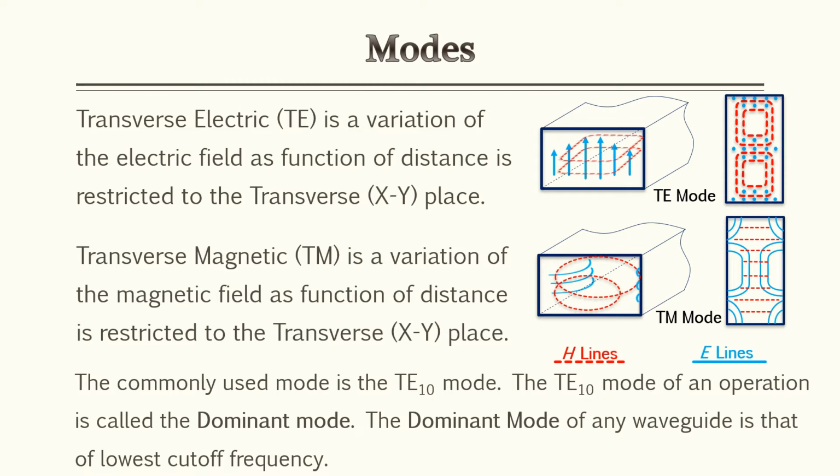The first subscript defines the number of half-wave variations of the transverse field in the A dimension, that's usually the width. The second subscript defines the number of half-wave variations of the transverse field in the B dimension, usually your height. Now the most common mode you'll see is TE10 mode. The TE10 mode operation is known as the dominant mode. The dominant mode of any waveguide is the one with the lowest cutoff frequency for that waveguide.